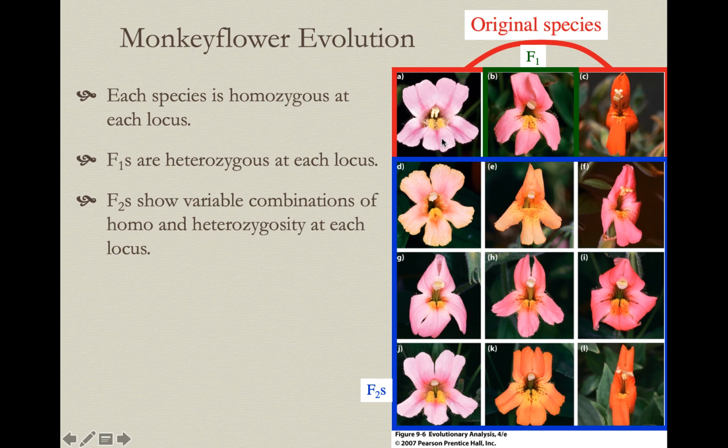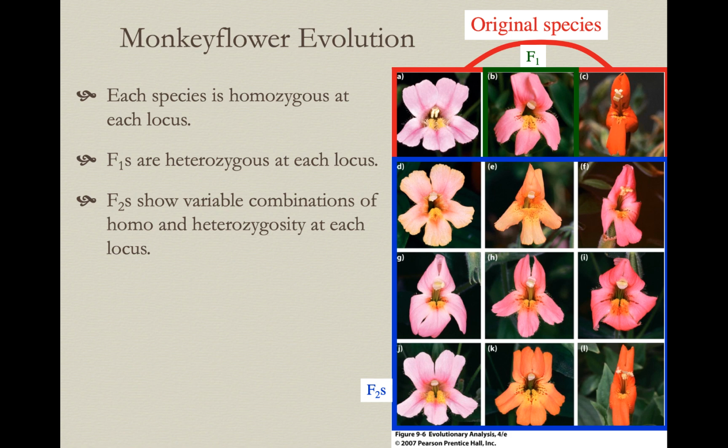Well, what's happening is that at each locus associated with the production of some aspect of flower shape and color, each of these species is homozygous for just one allele.